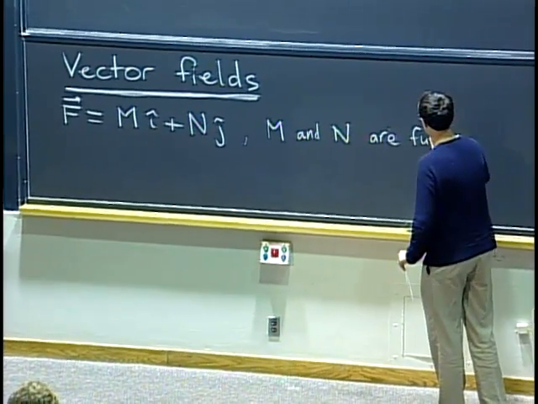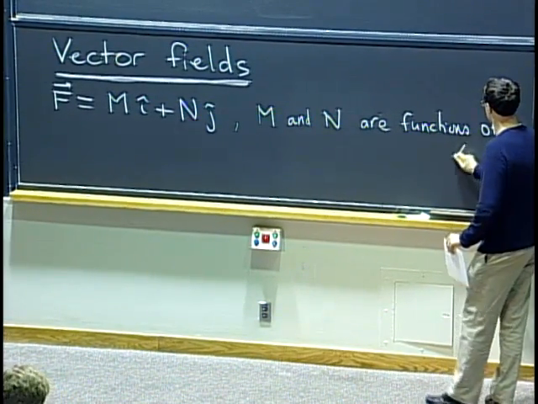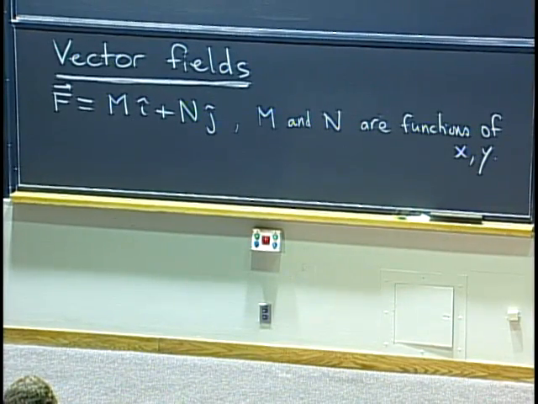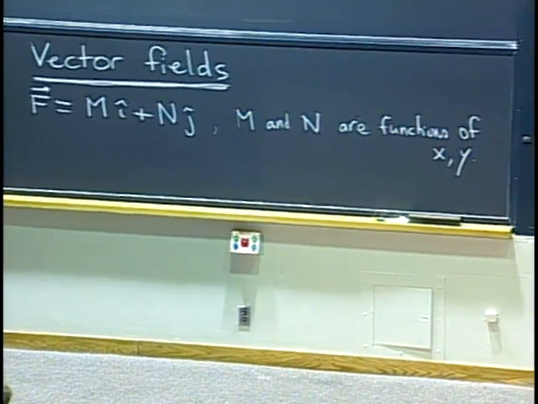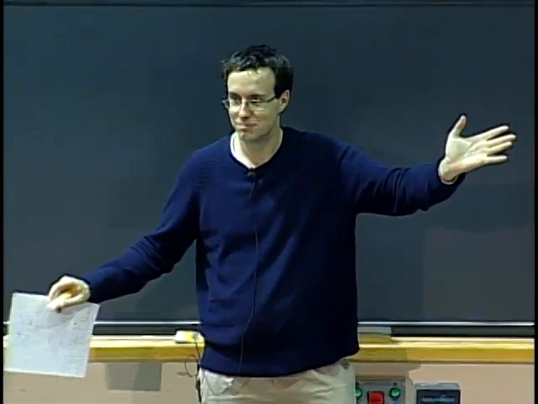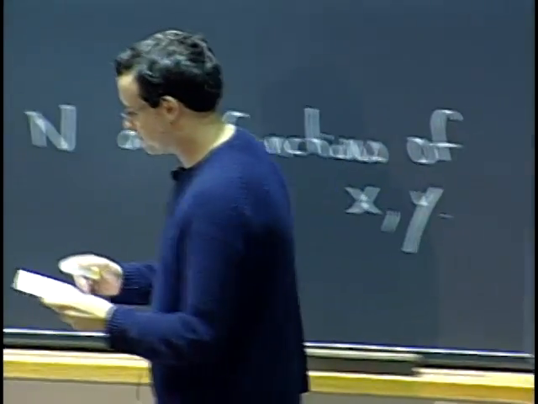So they are functions of x and y. What that means concretely is that at every point in the plane, you have a vector. Okay, so in a corn field, everywhere you have corn. In a vector field, everywhere you have a vector. That's how it works.